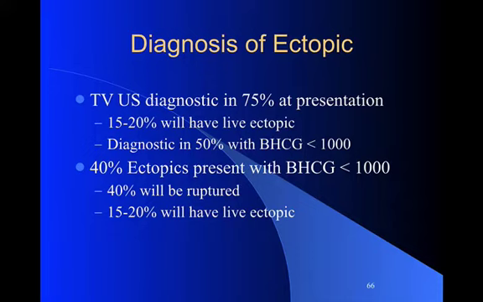Of those, 40% will be ruptured, and 15 to 20% will have a live ectopic. So even if you have a low HCG, do a transvaginal ultrasound because it may still be diagnostic.